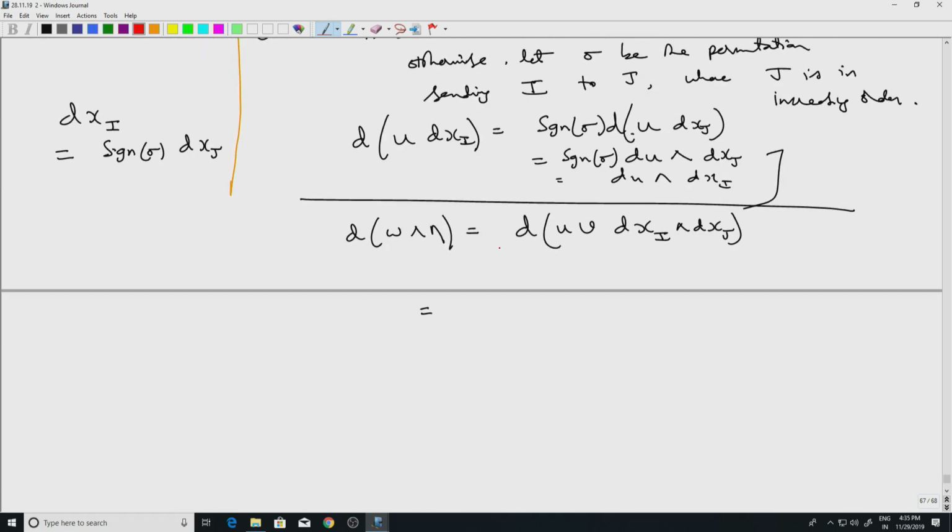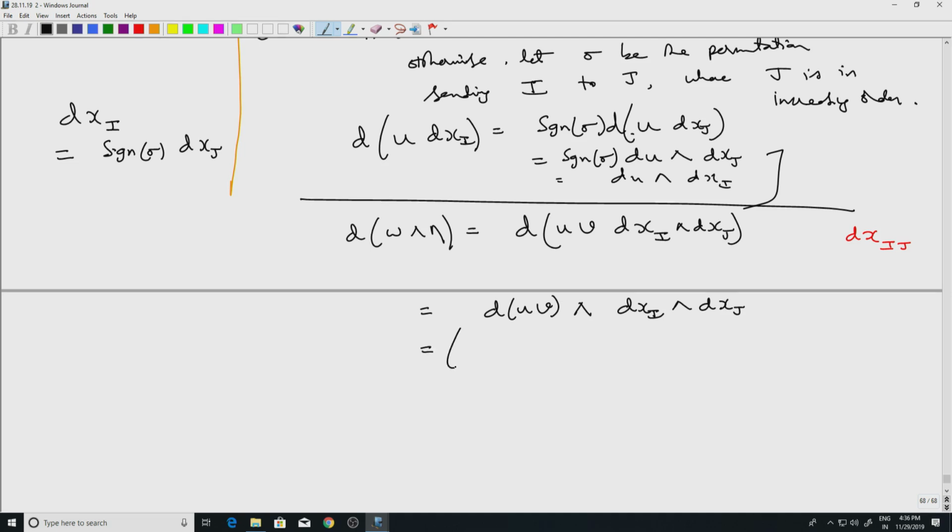So this dx_I wedge dx_J we know is the same as dx_IJ, where IJ is the concatenation of I and J. So we can use the formula to conclude that this is d(uv) wedge dx_I wedge dx_J. I might have written it as dx_IJ, but I'll keep it like this.